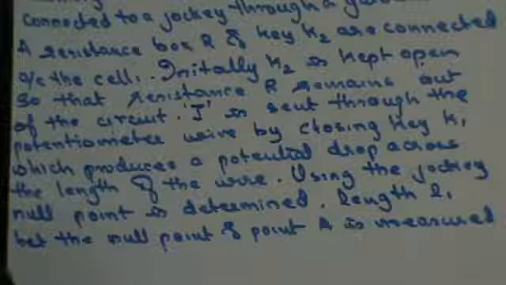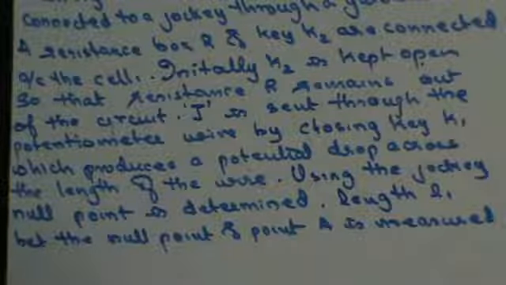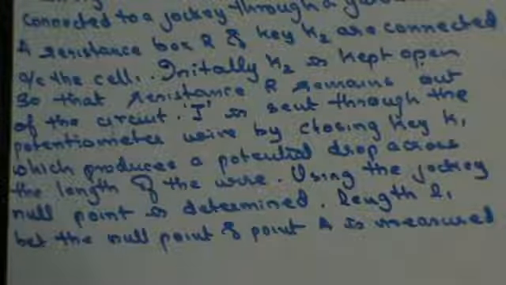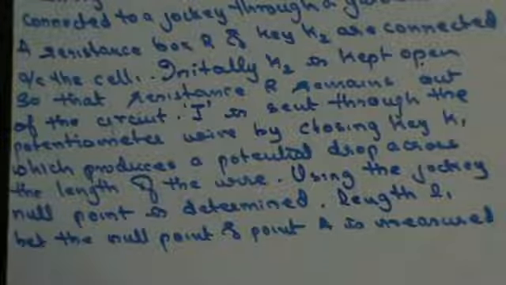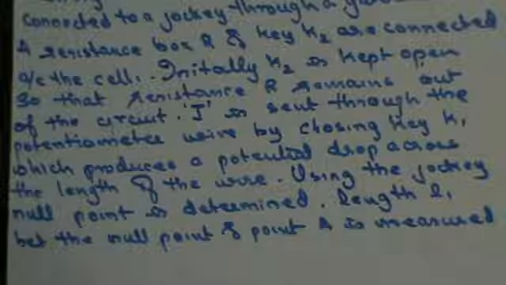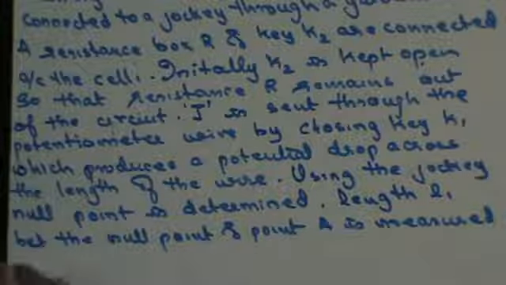Right? Now, since no current is passing through the cell in this case, the fall of potential along L1 represents the EMF of the cell.